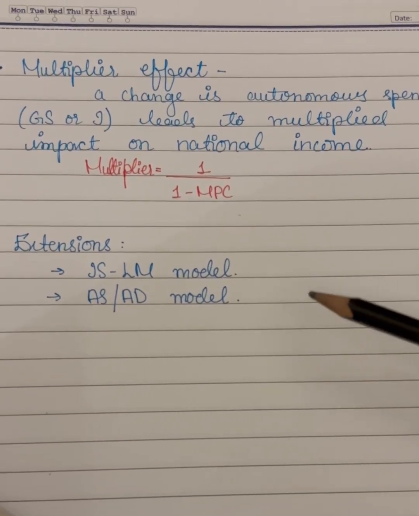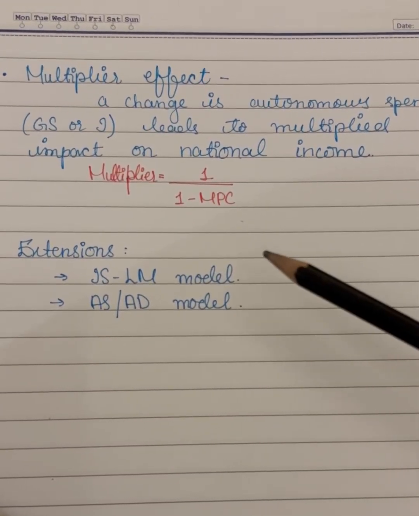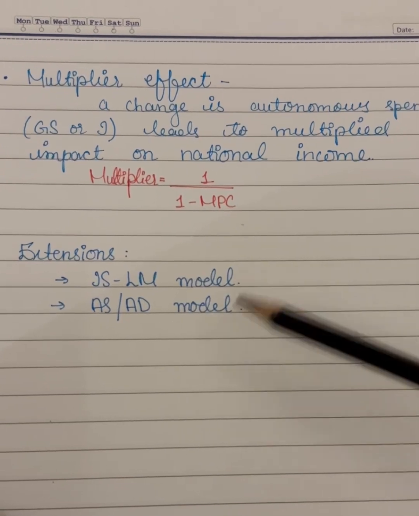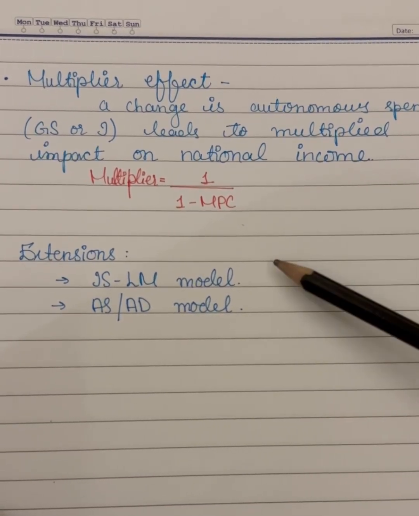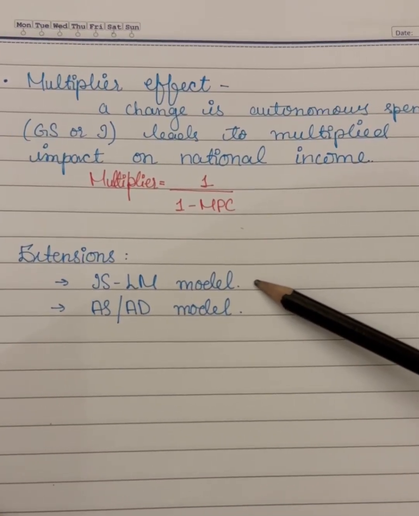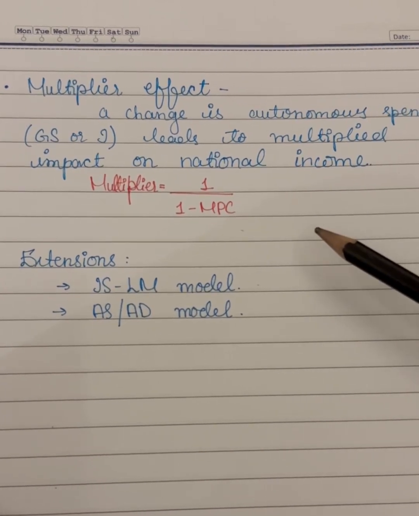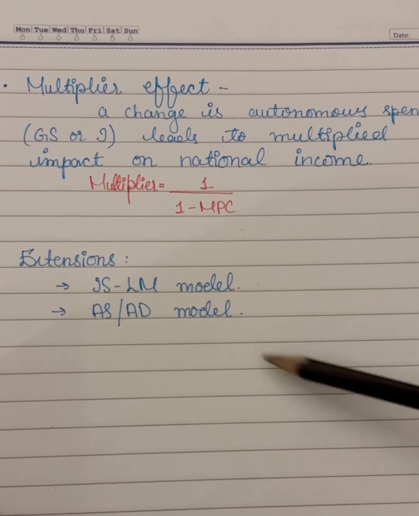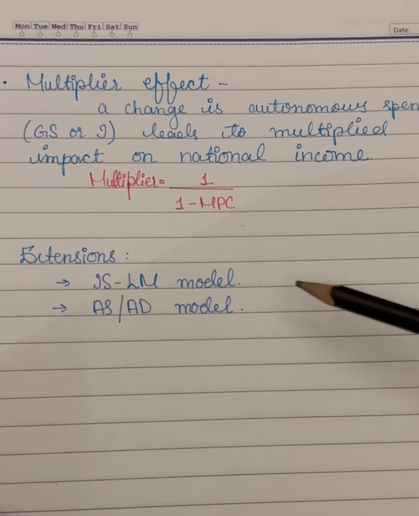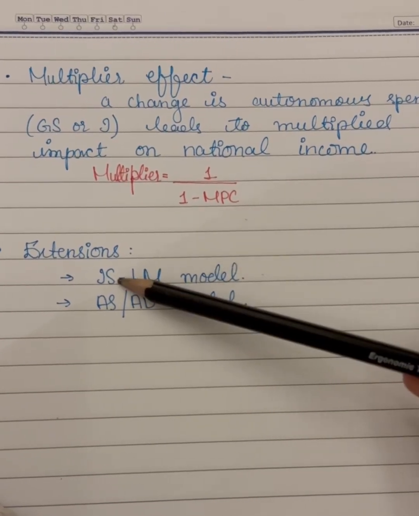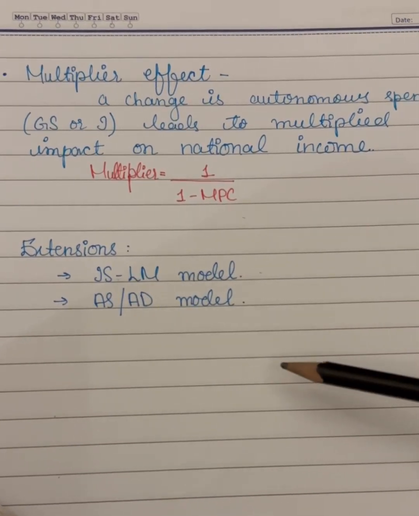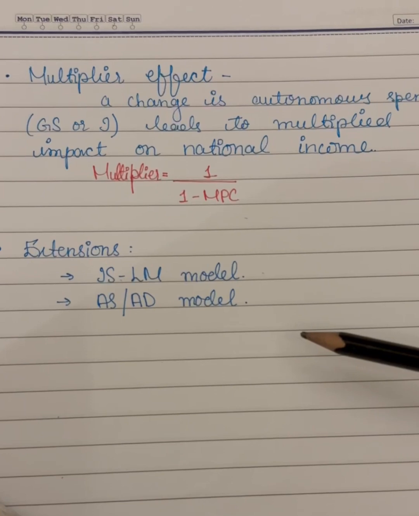Moreover, with the Keynesian cross, we have some extensions, some models that are based on it, starting with the IS-LM model. The curve that we generate from the Keynesian cross leads to the IS curve, which represents the goods and services market.